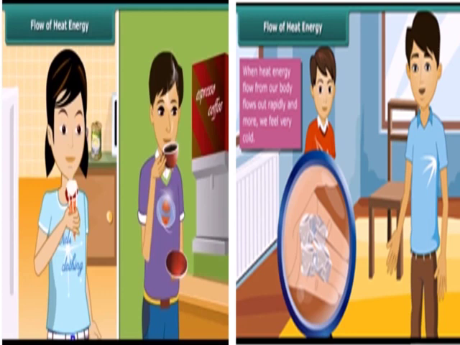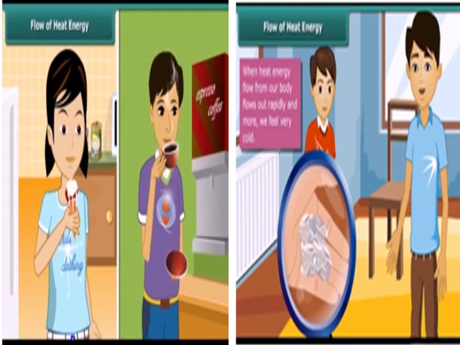With this heat, the ice on your palm melts. When heat energy flows from outside into our body rapidly and in large amounts, we feel very hot. This is the case when we hold a hot cup of coffee. The heat flows from the tea or coffee to the hand. Thus, it is the flow of heat energy which determines whether we feel cold or hot.